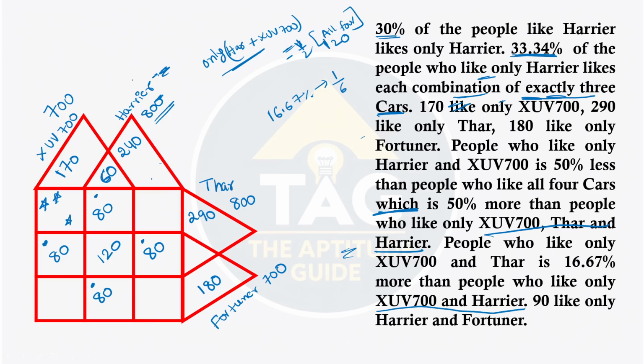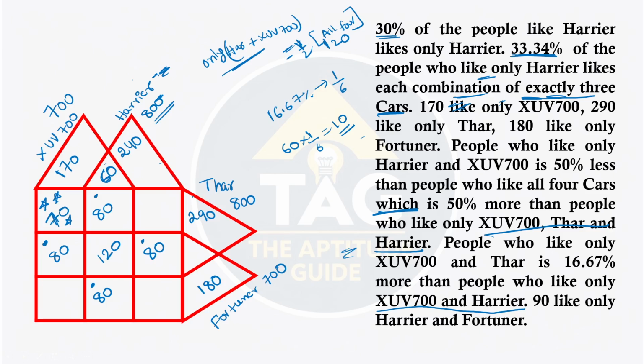How many people like only XUV 700 and Harrier? 60. 1/6 of this value is 10. So people who like only XUV 700 and Thar is 10 more than 60, so it has to be 70.